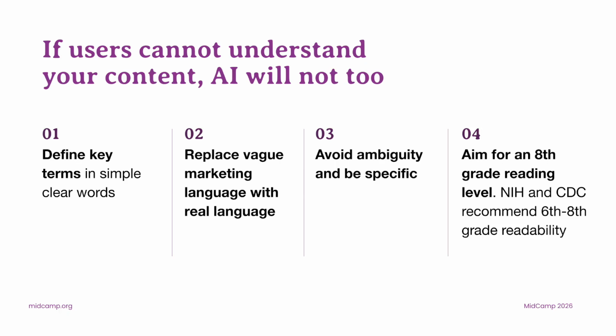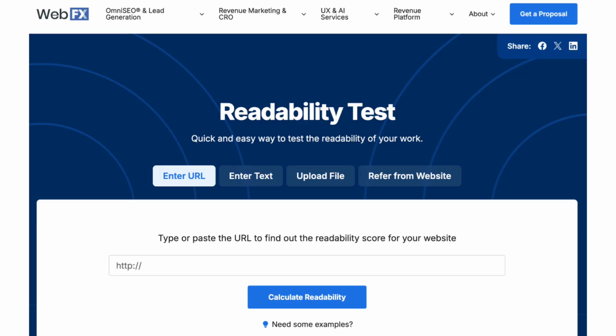And the way you can do that is, of course, to use AI, or there are different websites like this one from WebFX. It's a screenshot of their website. You can add a URL, you can enter text, you can upload a file, and it'll tell you what your reading level is. Usually if you have words in the content that are 4 syllables or more, it's going to be at a high school level.